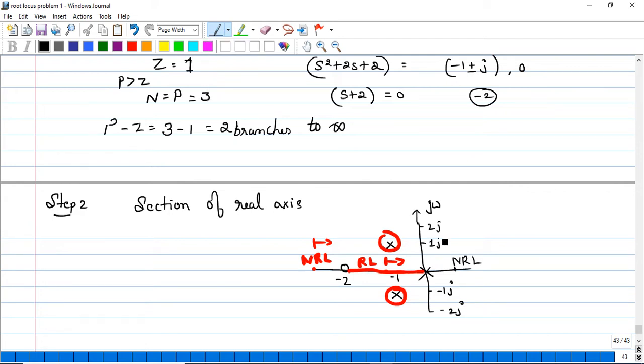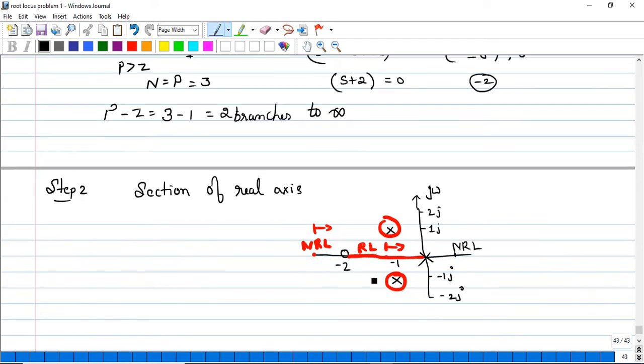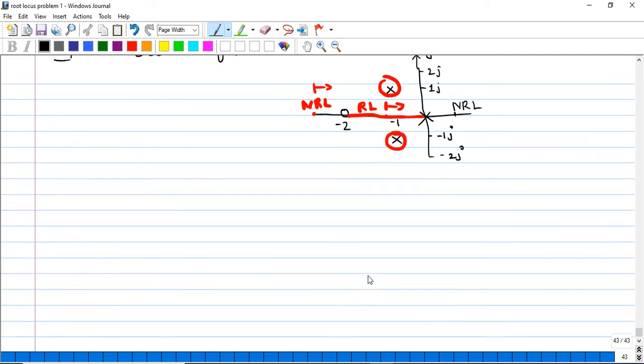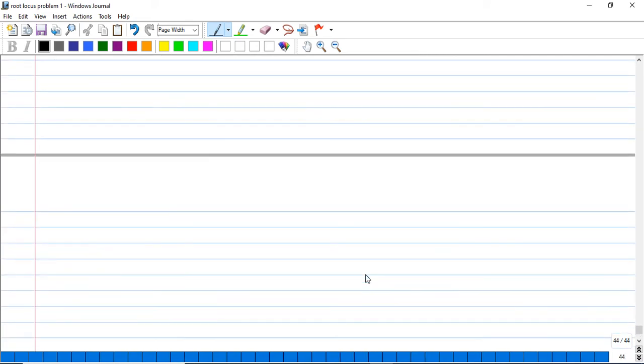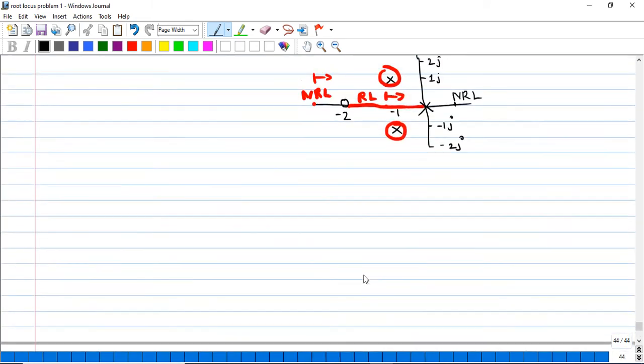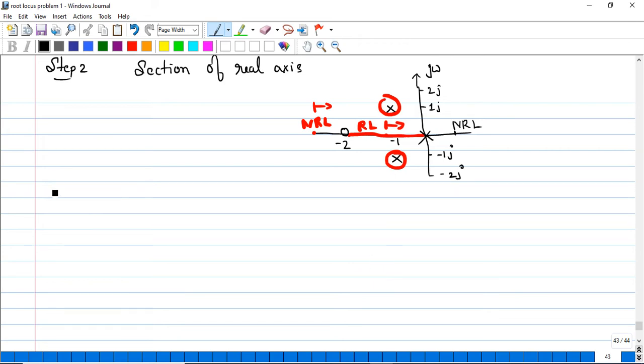Okay, so let us move on to the next step, that is step number 3, to identify the angle of asymptotes.